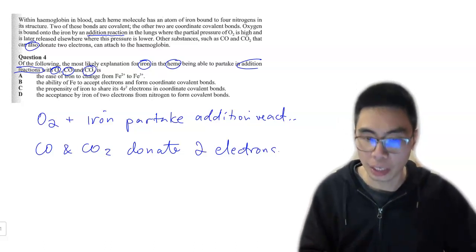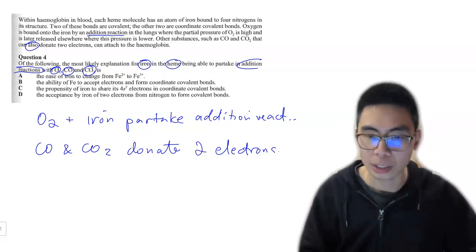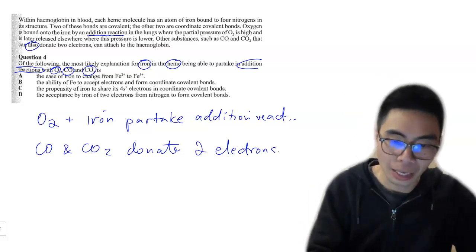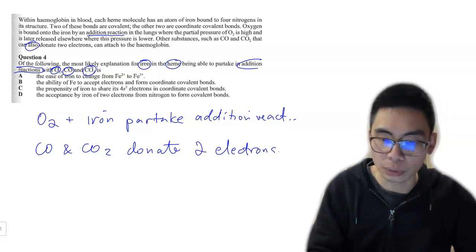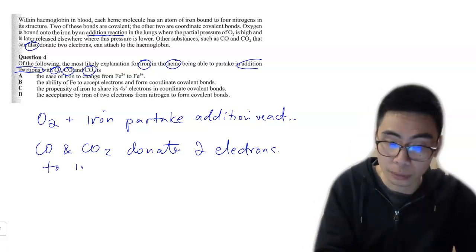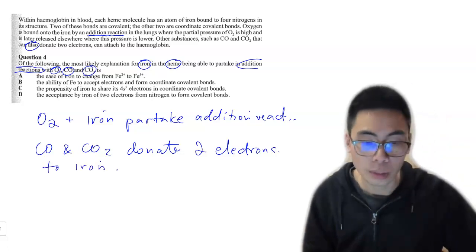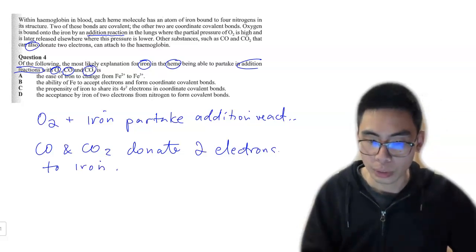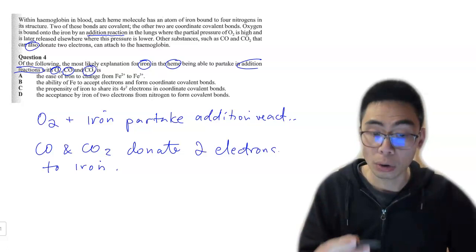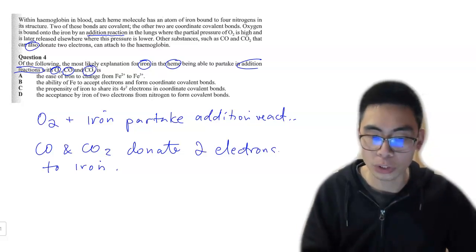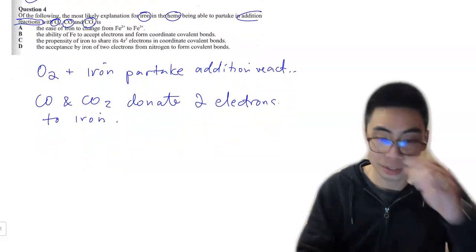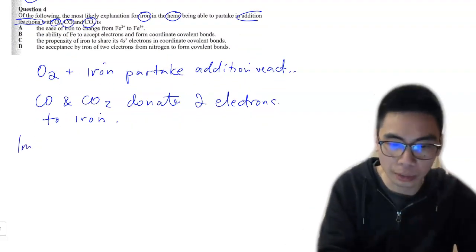You might know that the hemoglobin has heme. But the fact that this sentence follows the previous sentence means it is likely talking about donating 2 electrons to iron. The fact that it says also means that oxygen also does that. Oxygen also donates 2 electrons to iron. This is what it's suggesting, so this is implied.